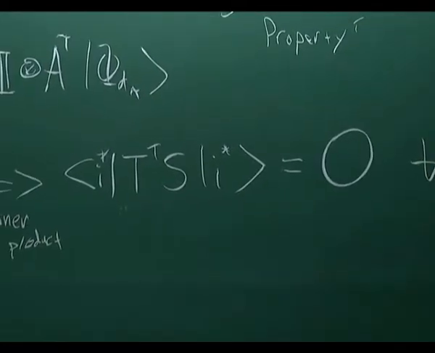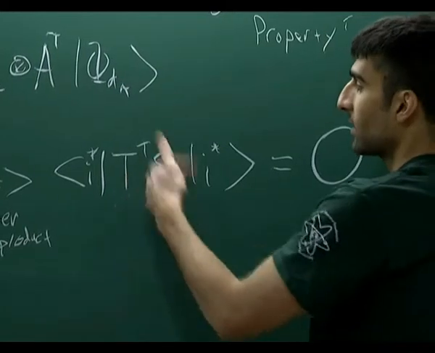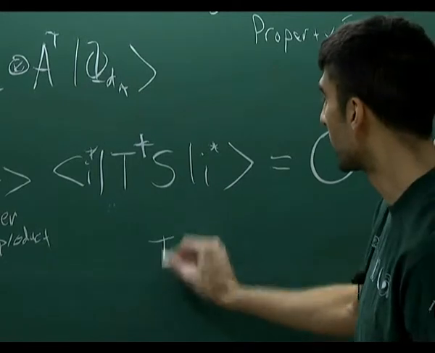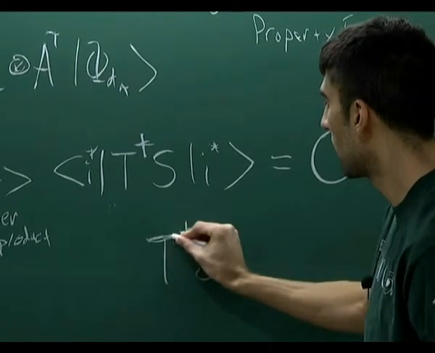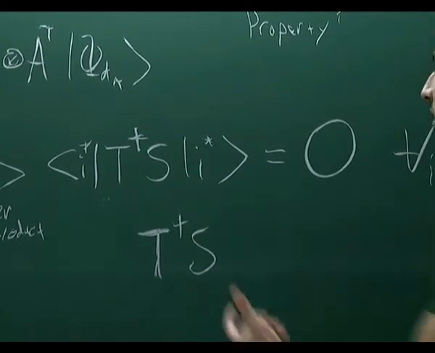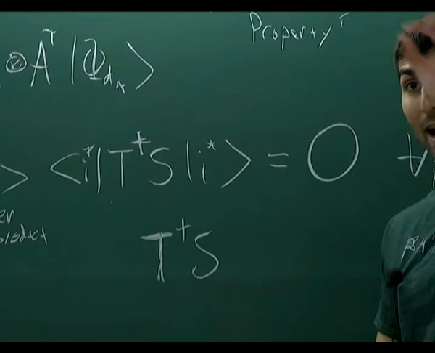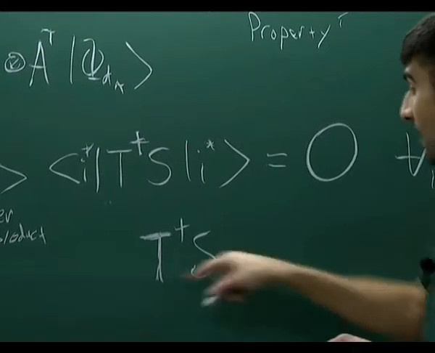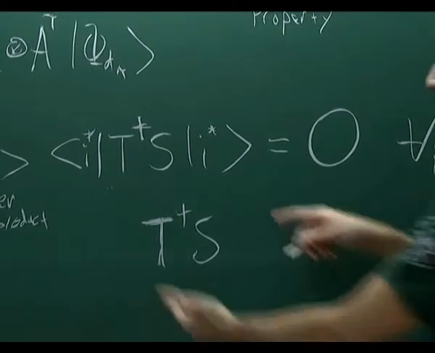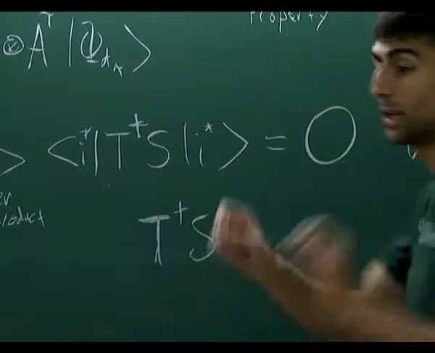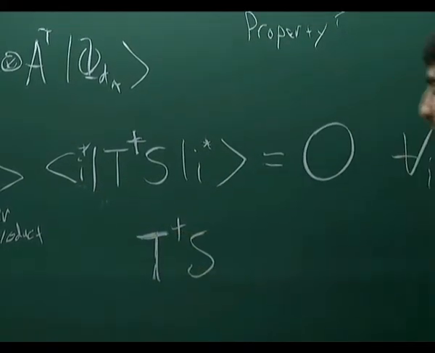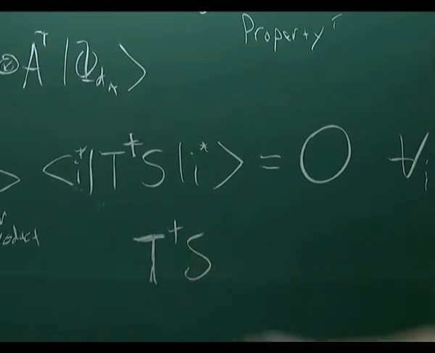The key to this is really this matrix, T dagger S. What it's saying is if we can write T dagger S in some basis such that along the diagonals of that matrix we have all 0 elements, then we're good. Because when you contract by the two i's there, you're picking out the diagonal elements with respect to this basis. So this T dagger S is important.